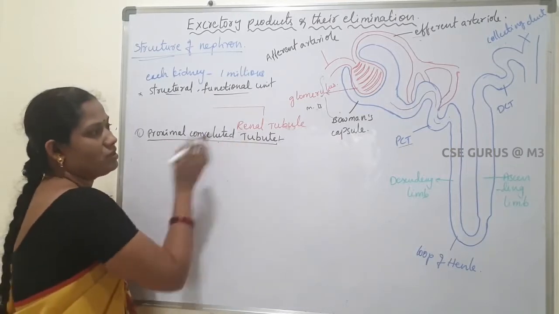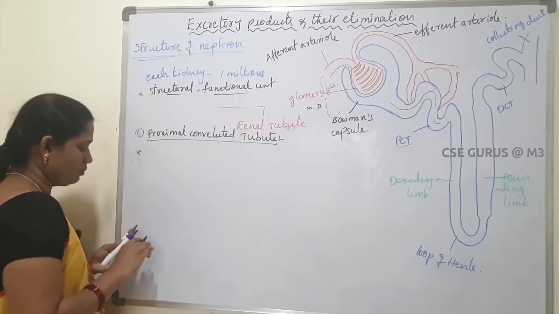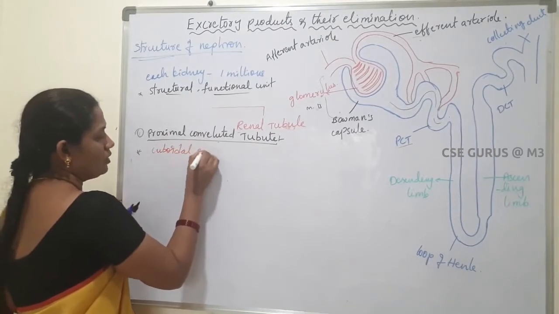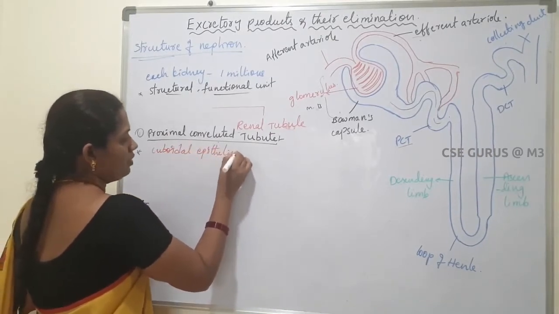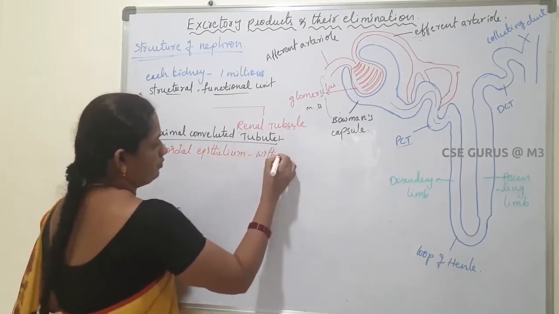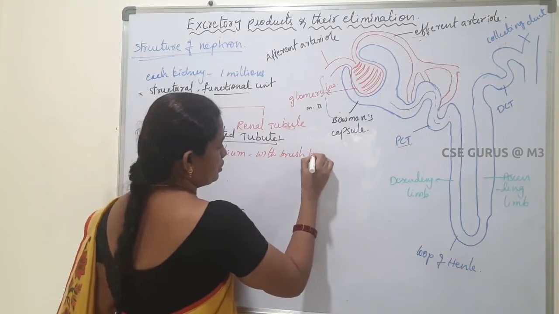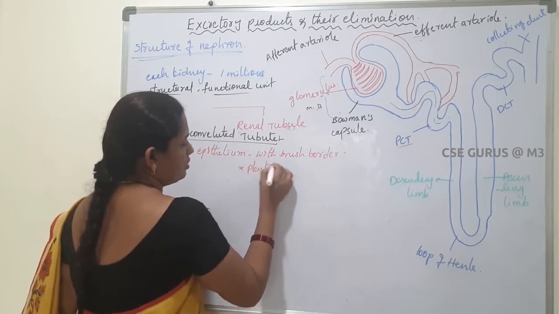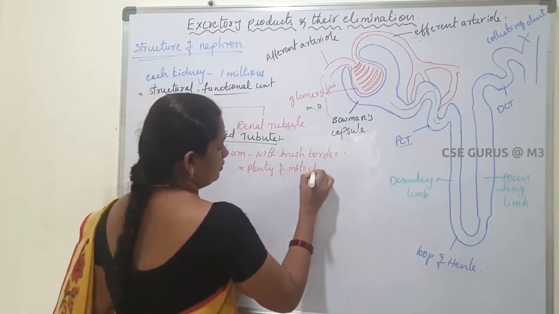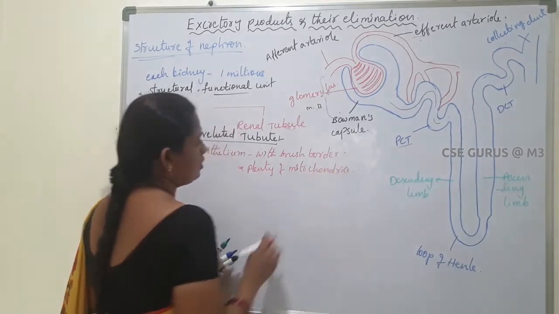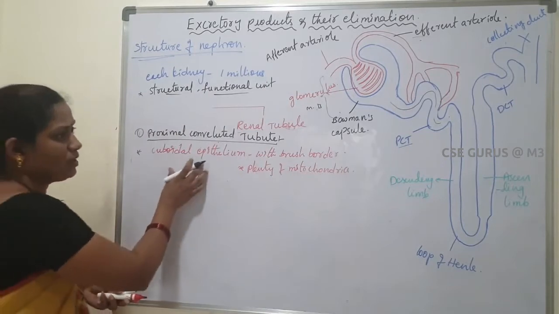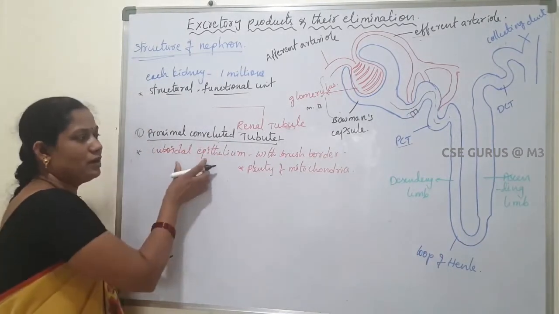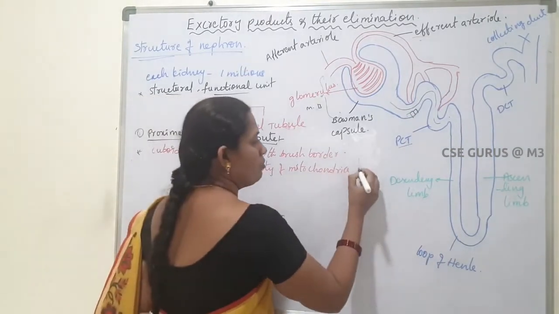It is made up of simple cuboidal epithelium, cube-shaped cells, with a brush border, which means it has many microvilli.